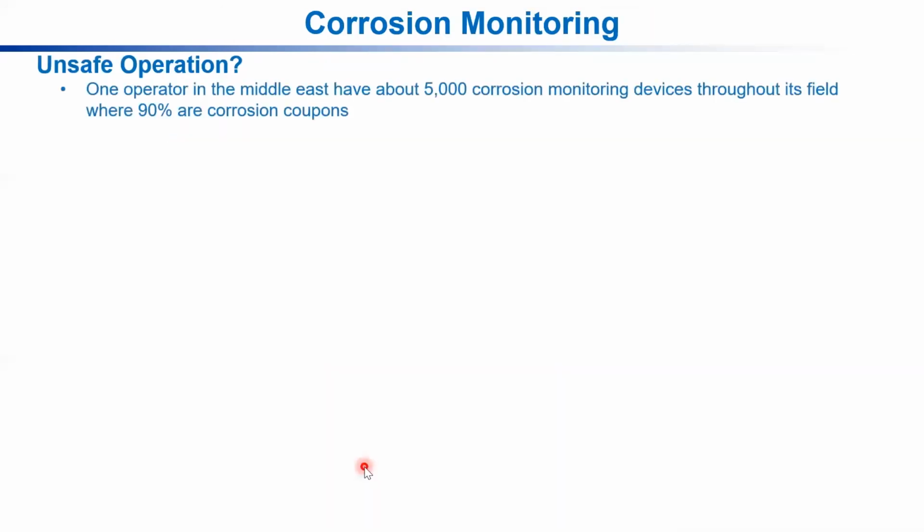Unsafe operation. For those that think, well, it is an unsafe operation, one operator in the Middle East has 5,000 corrosion monitoring devices throughout the field. 90% of them are corrosion coupons, which they retrieve every 60 to 90 days. No incidents.